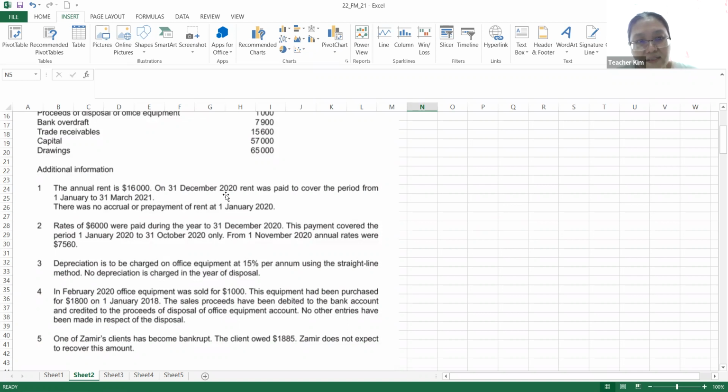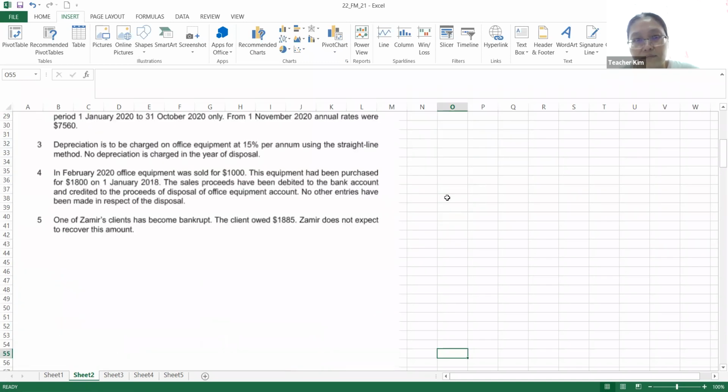On 31st December, rent was paid to cover the period from 1st January to 31st March. So this amount paid here, annual rent, there was no accrued or prepaid, no beginning amount, but how come?